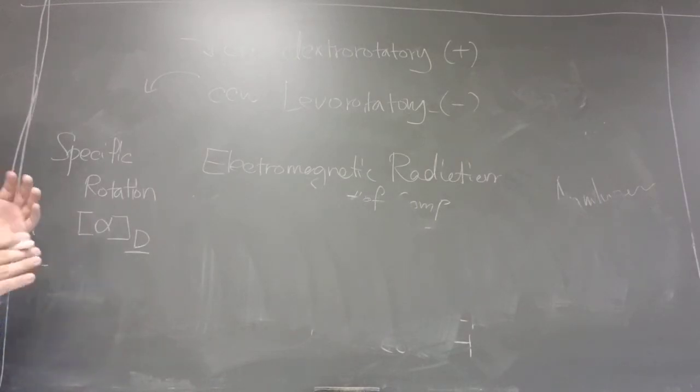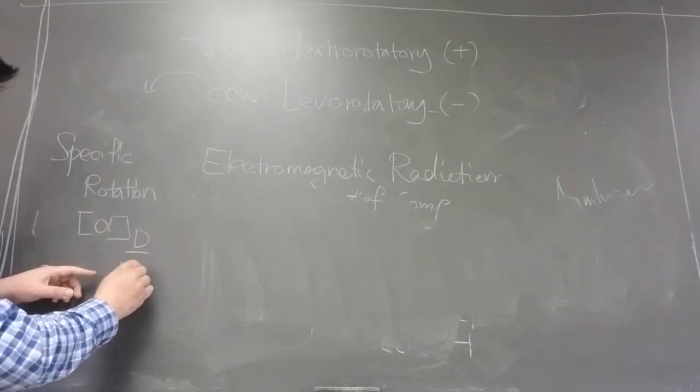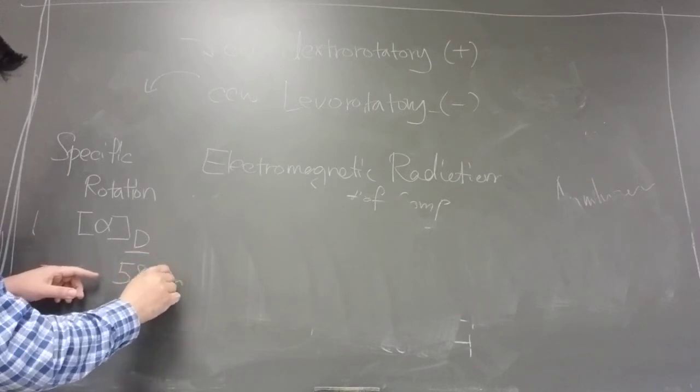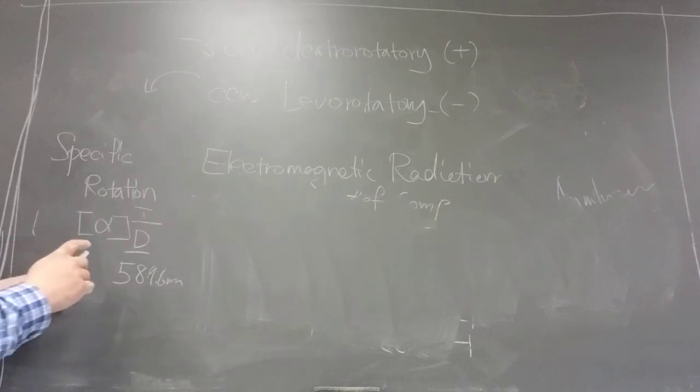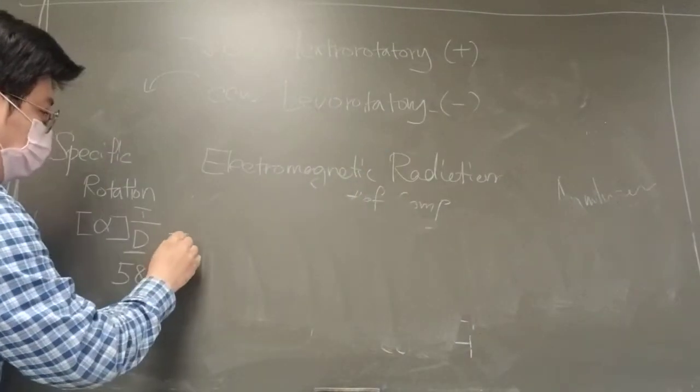We use the same source, which is the sodium metal vapor D line light, which has about 589.6 nanometer wavelength. There's also a temperature, but we're going to ignore it today. Okay, so just stick to this.